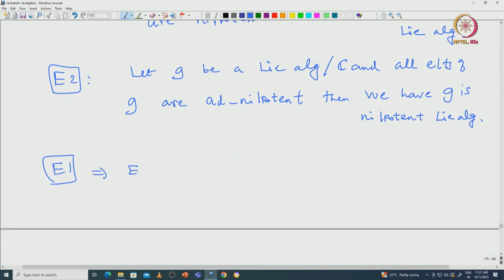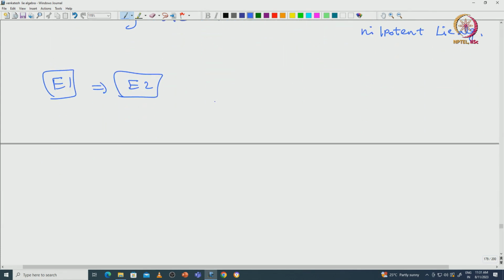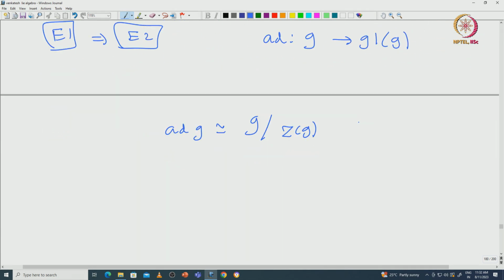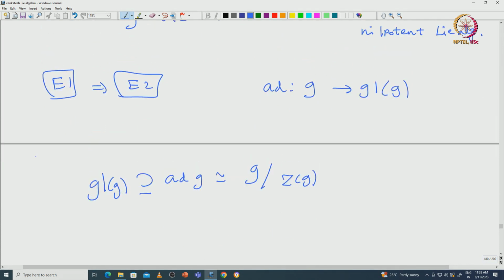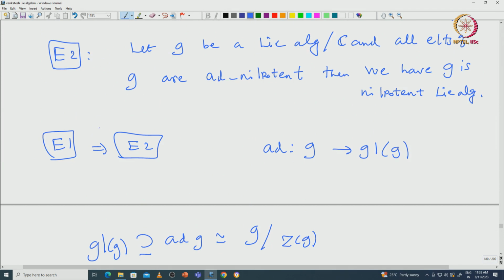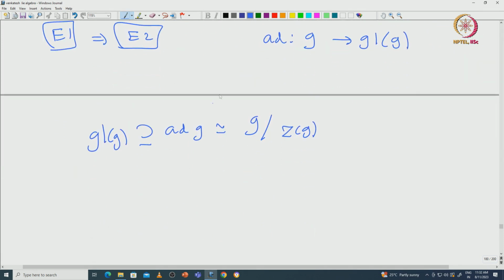E1 implies E2 because, given G, you always have the adjoint map. Look at this ad map from G to GL(G). Then you know that ad G will be isomorphic to G modulo the center of G. Ad G is a subalgebra of GL(G). The hypothesis says that all elements of G are ad nilpotent, that means all elements of ad G are nilpotent.